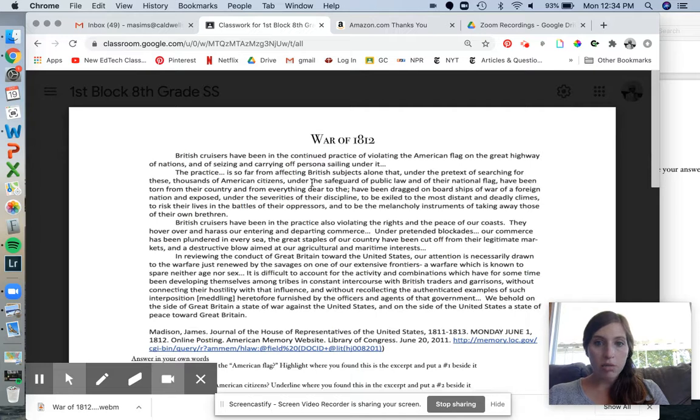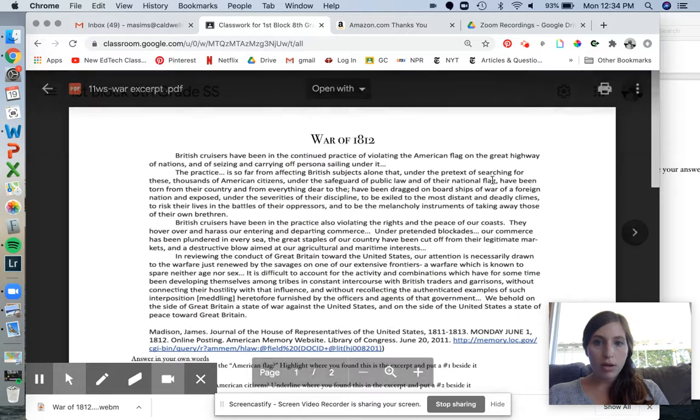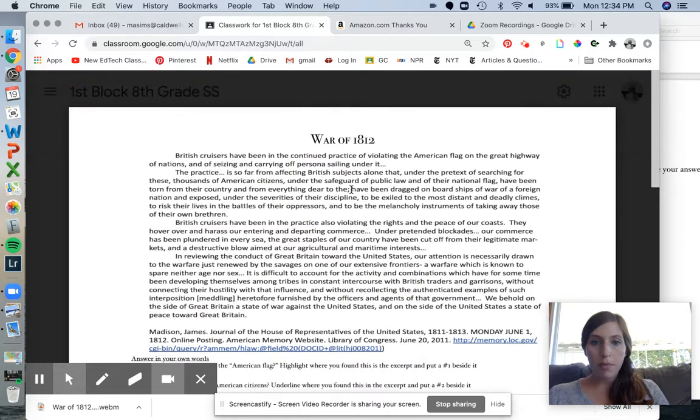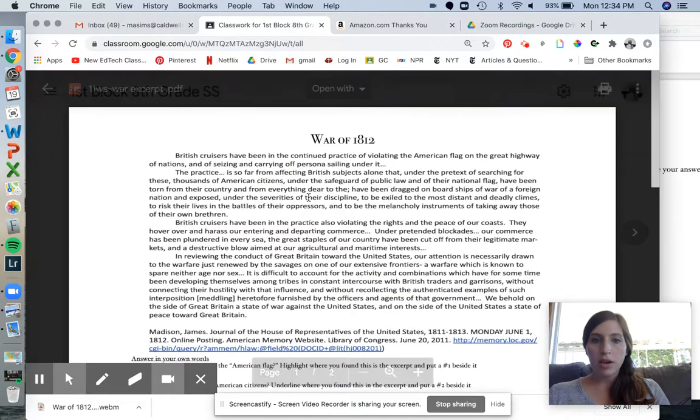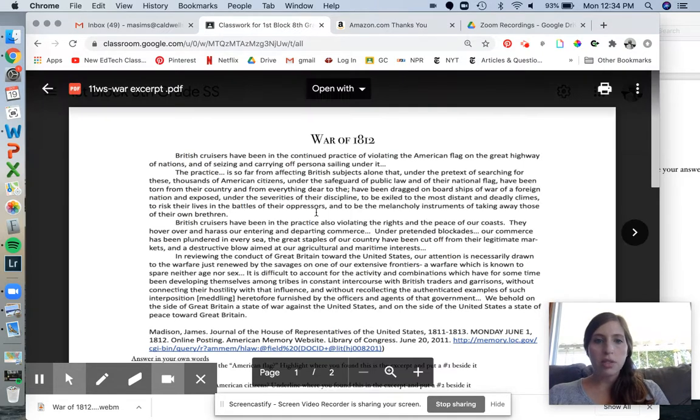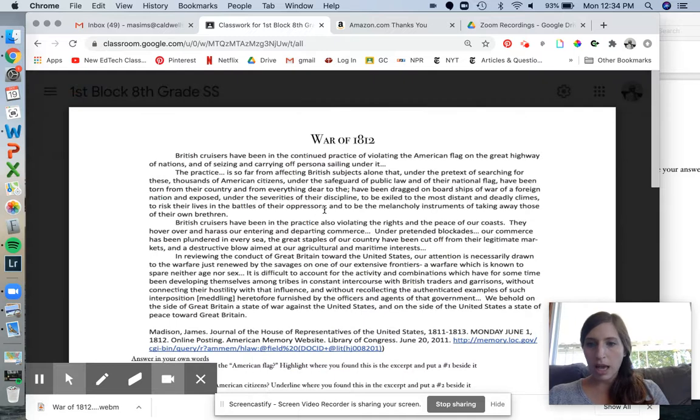Let's see here. So right here, they've been dragged on board ships of war of a foreign nation and exposed under the severities of their discipline to be exiled to the most distant and deadly climes, to risk their lives in the battle of their oppressor. So basically it's saying not only are they being kidnapped, they're being forced to fight for the British Navy.